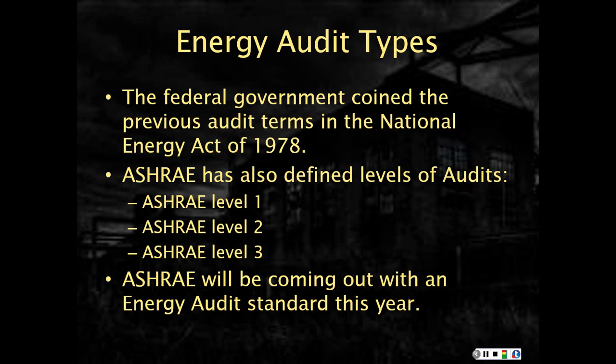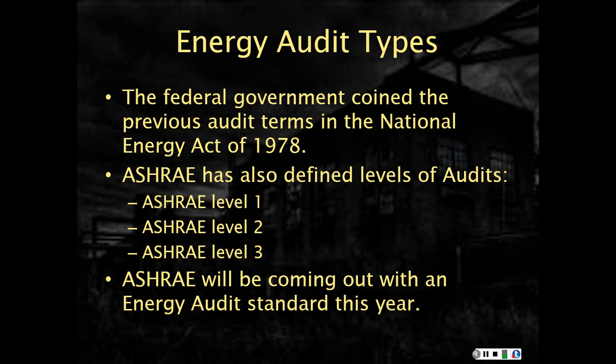Now, a little bit of background. The federal government coined the previous audit terms in the first National Energy Act of 1978. Those terms have pretty much been used over time with minor changes. In recent years, ASHRAE, the American Society of Heating, Refrigeration, and Air Conditioning Engineers, has also defined levels of audit, and they correspond roughly to the levels you just heard.